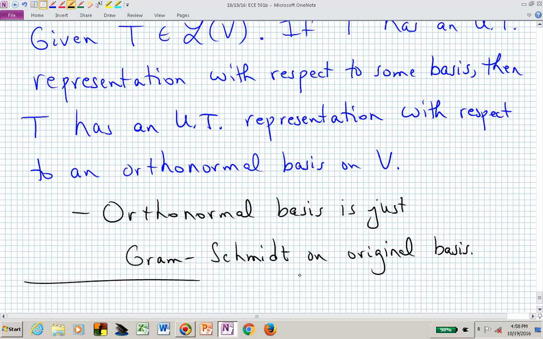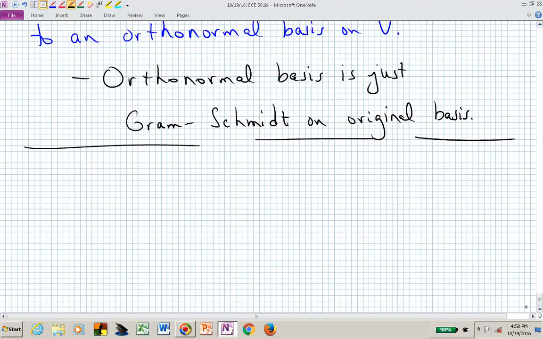One more corollary. That was an upper triangular matrix. If we had that on some basis, then we can actually find a linear operator on an orthonormal basis. We just have to perform the Gram-Schmidt procedure on the original basis.